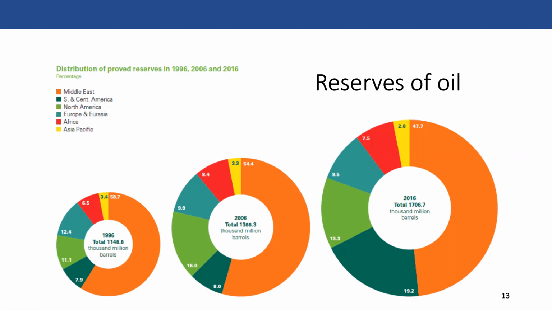So the United States actually used to be a net importer of oil, and these days they have really decreased a lot of the dependency on foreign oil and foreign use of fossil fuels, thanks to the exploration of shale resources.